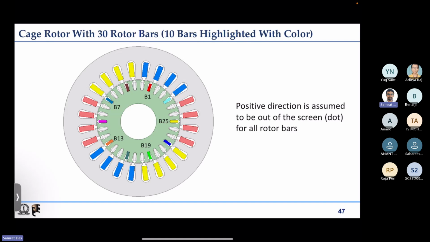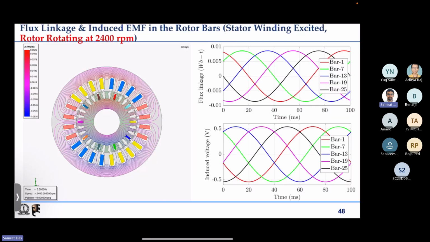Then we went on to discuss what happens in the different bars of the cage rotor if we excite the stator. Basically, we have a magnetic field produced by the stator, and we saw the flux linkages. If we have n bars in the rotor, then the flux linkage waveforms in two subsequent bars are phase shifted from each other by 360 degrees divided by n, where n is the number of bars.